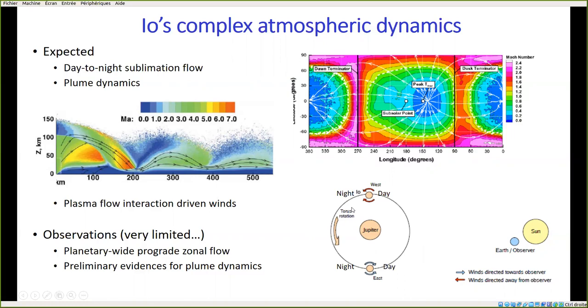So we have three different possible regimes, very different, but observations are extremely limited. In fact, no observation has really confirmed any of these regimes. So Io's dynamics remains a very uncertain and very active topic of research.